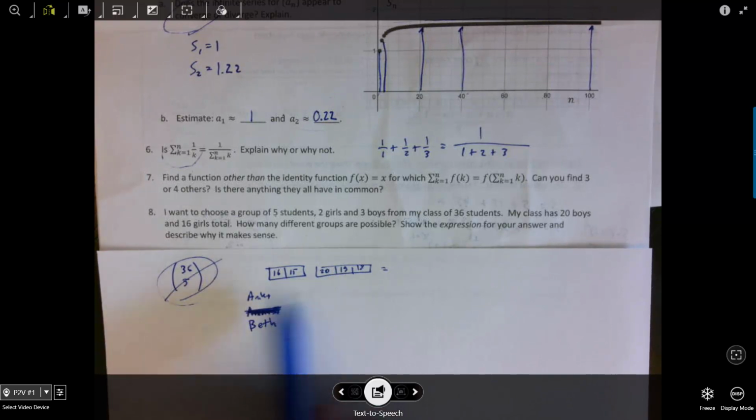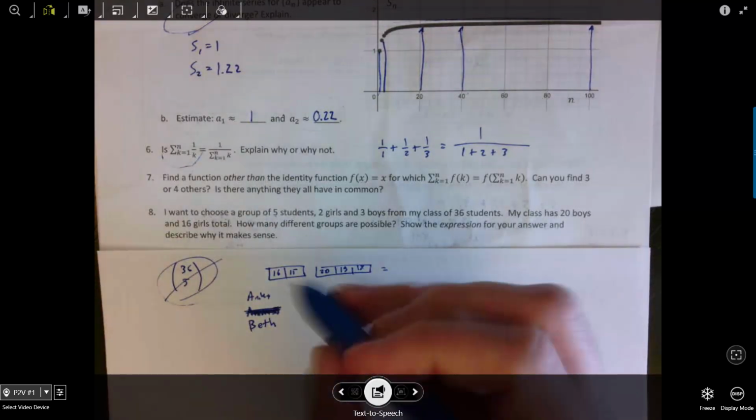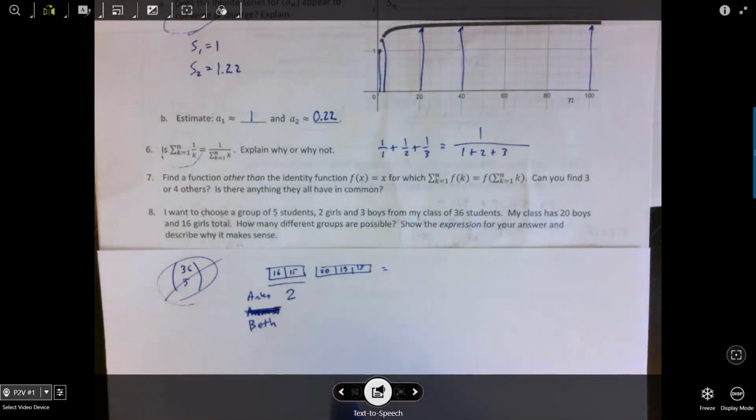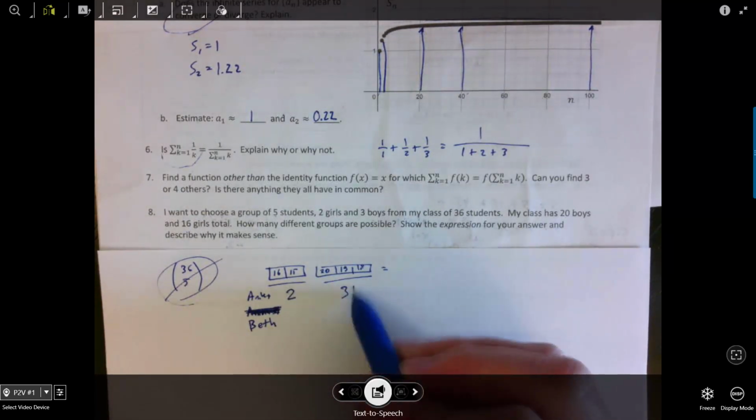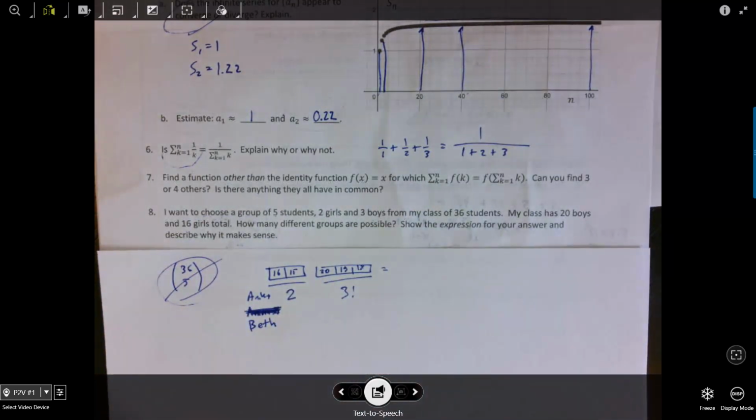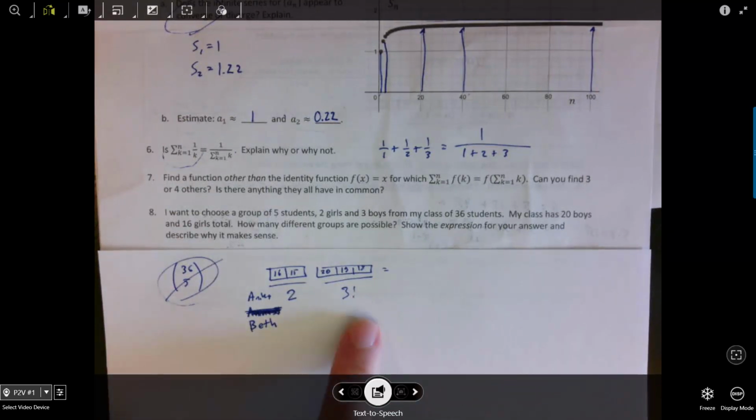But because all we care about is who we end up with eventually, we don't want to count those 2 as different. So if you wanted to do this laboriously by hand, you could divide by the number of reorderings that are the same. So here you divide by 2, here you divide by 3 factorial. And that actually would be correct.